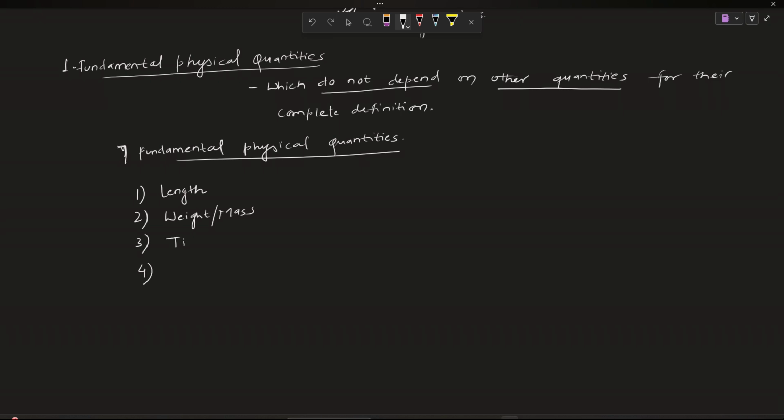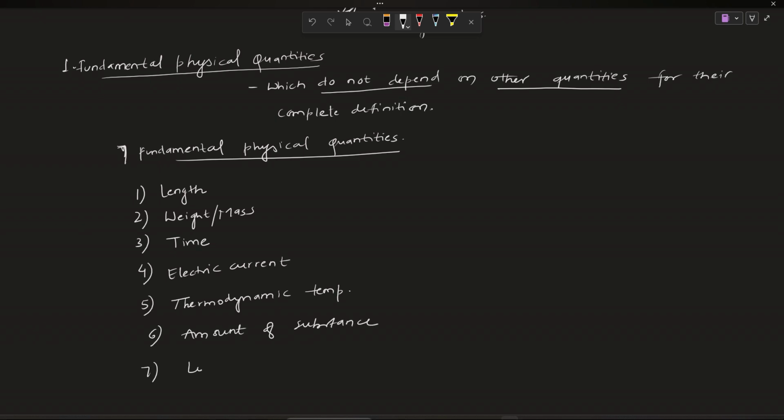Third is time. Fourth is electric current. Fifth is thermodynamic temperature. Sixth is amount of substance. And seventh is luminous intensity.